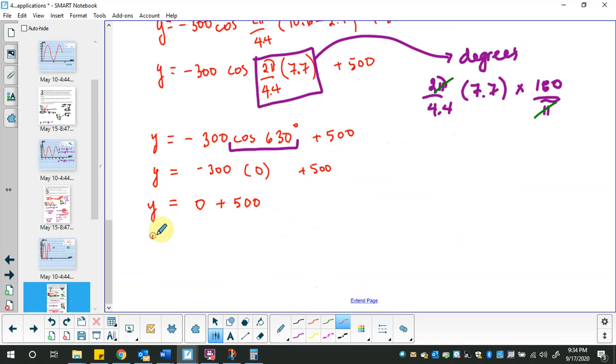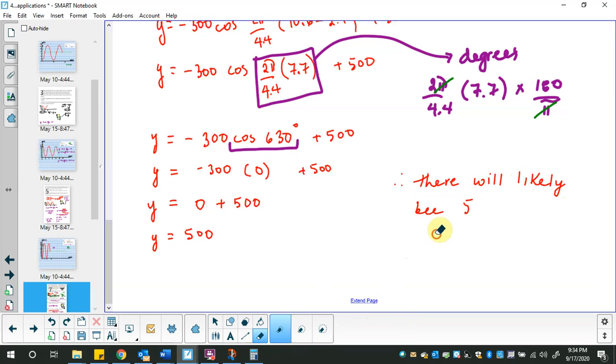Added on to the 500 is 500. So there will likely be 500 foxes.